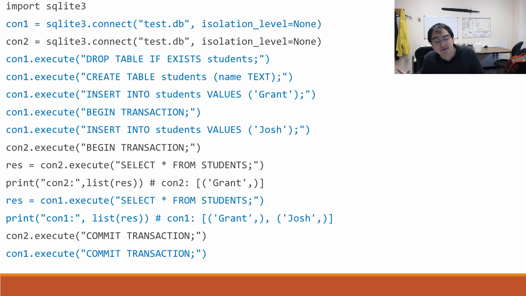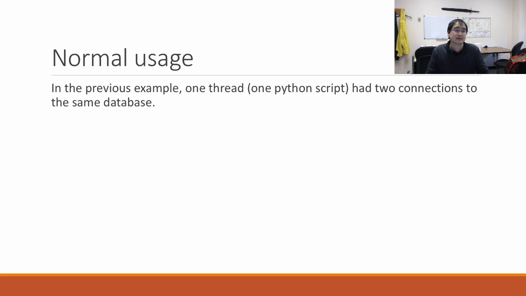Both of them will see that Grant and Josh are in the database. Okay, so this is how you use sqlite3 to do transactions. They're just other sorts of SQL statements that you use the execute method on, but they have interesting implications for, for instance, what select returns, or what sort of data you're inserting into a database.